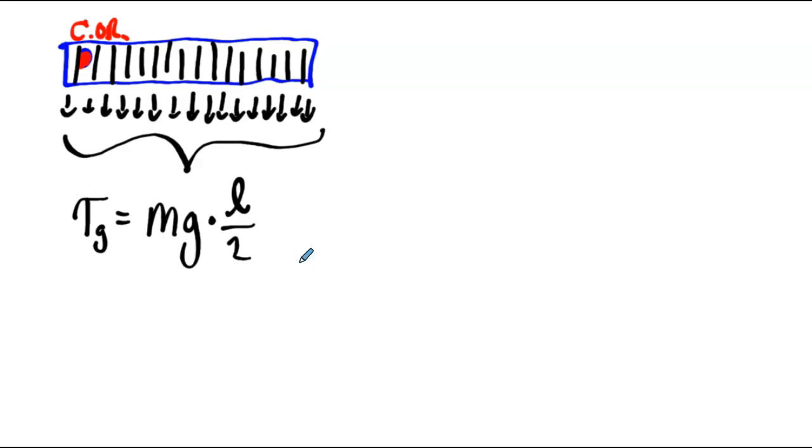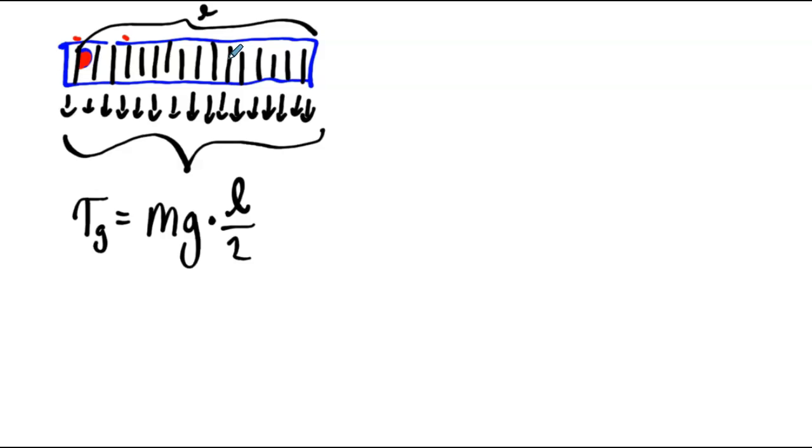What's L? The length of this plank. Does it matter where the center of mass is? Where it's uniform. A uniform plank. So the center of mass will be the center of the plank, right?